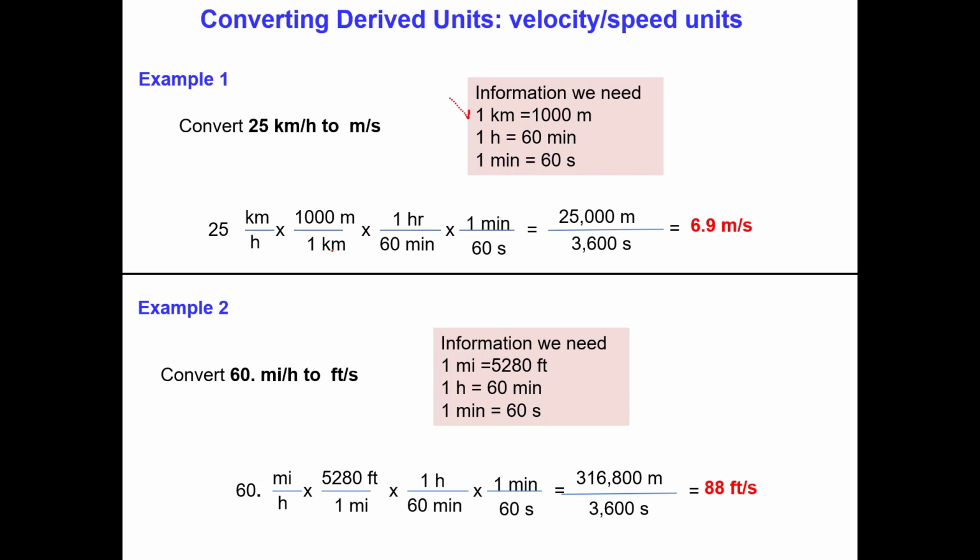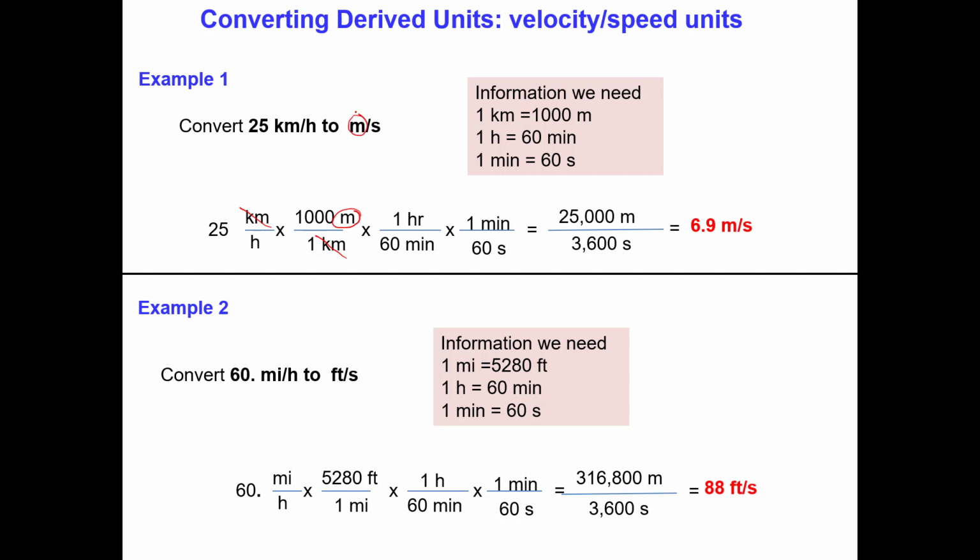And now how is the correct way we can write this one? Kilometers should be in the bottom, and the other will be on top, 1,000 meters. It's the only way we can cancel out the kilometers. Yes, and we had the answer in meters, and this is the unit we want.